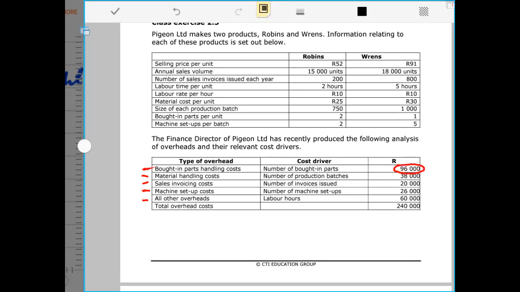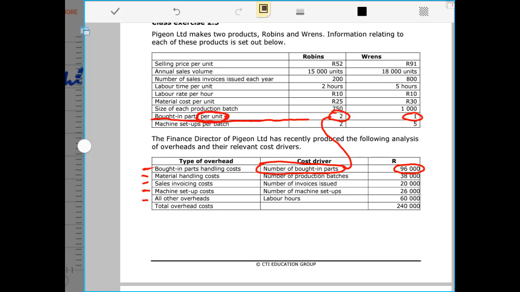And the cost driver is the number of bought in parts, which is given here as bought in parts per unit, which is 2 and 1. Take note that it is per unit.